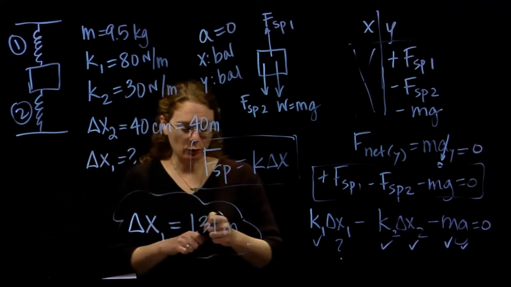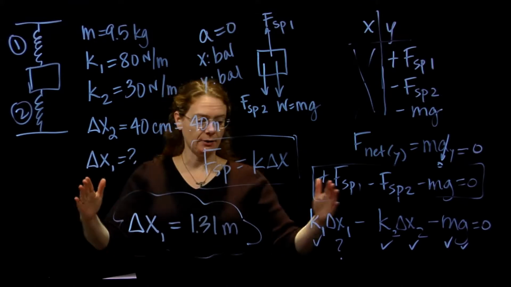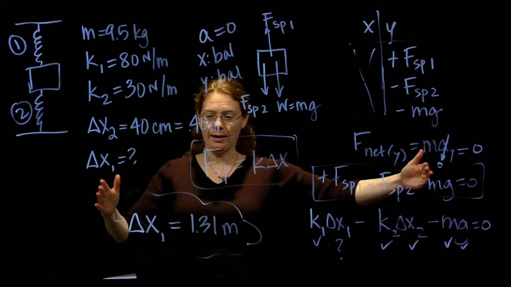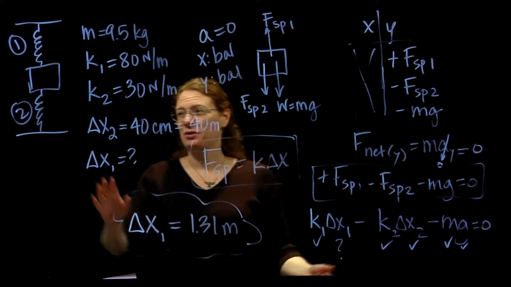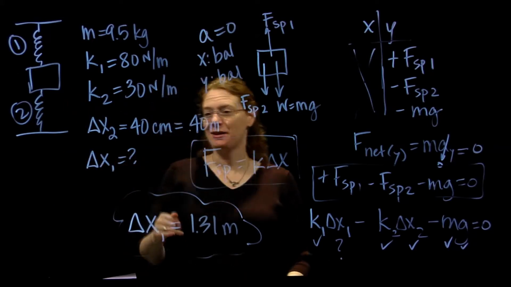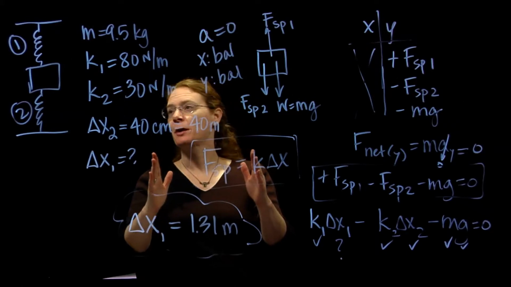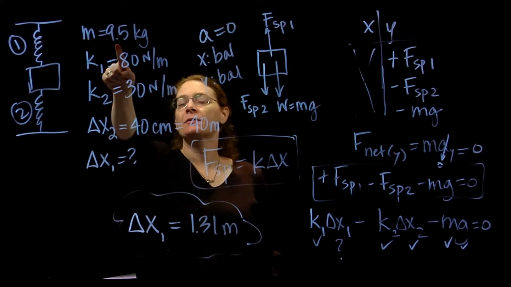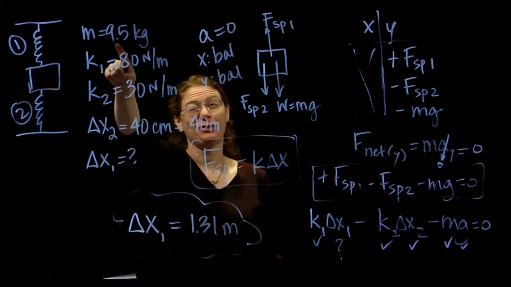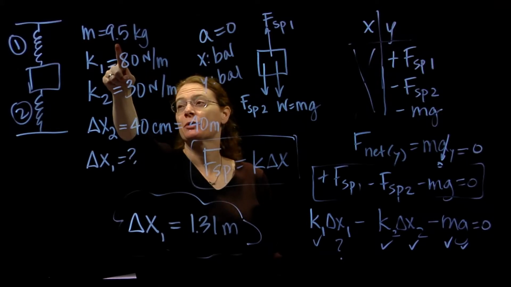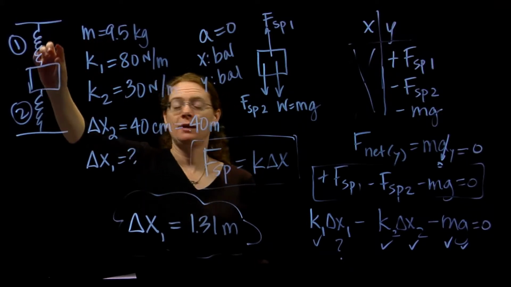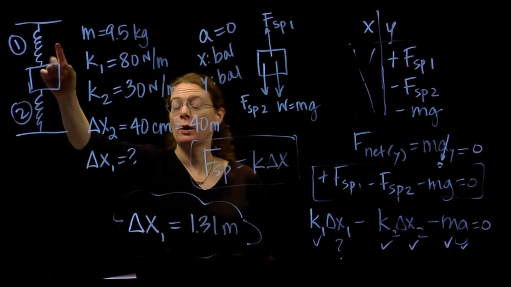And now, is that reasonable? That's a pretty long way, because that's a meter, 1.3 is going to be like that. Okay, so yeah, I guess so. This one's stretched 40 centimeters, so that one's already stretched this much. And it is almost a 23-pound sculpture, so I would expect that it would stretch this quite a bit.